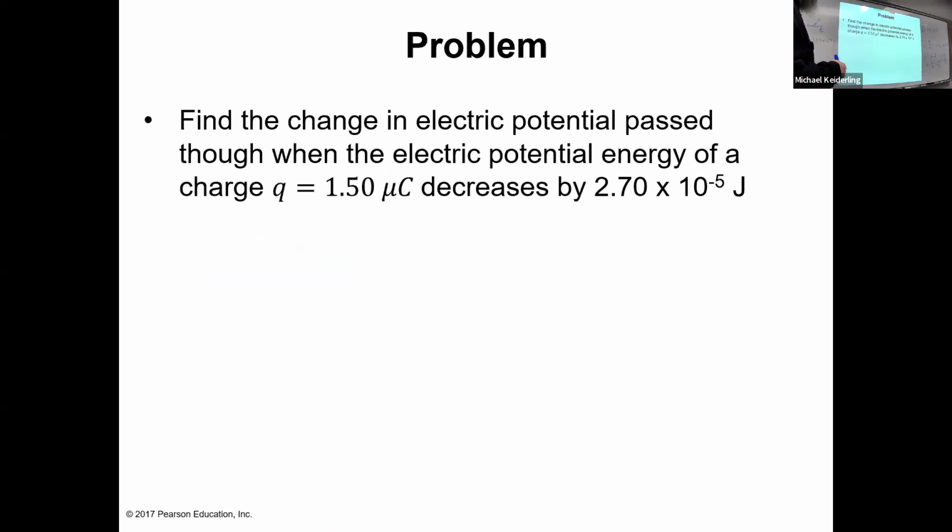Here, let's talk about what the electric potential changes through when the electric potential energy of a charge of 1.5 microcoulombs decreases by 2.7 times 10 to the minus 5 joules. So here we're looking for electric potential.